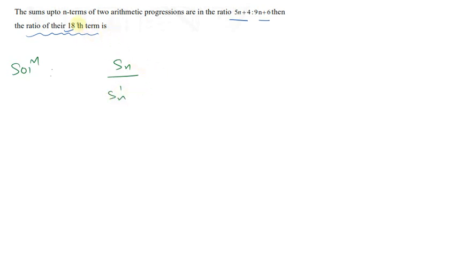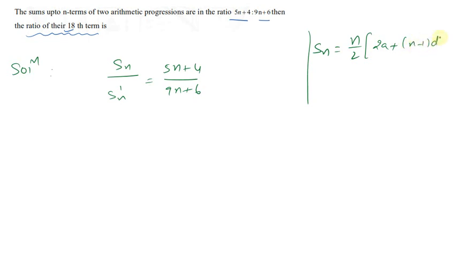The sum of n terms of the first arithmetic progression and the sum of n terms of the next arithmetic progression, their ratio is given as (5n plus 4) by (9n plus 6). Actually, the sum of n terms in an arithmetic progression we can write as n by 2 into (2a plus (n minus 1) into d).